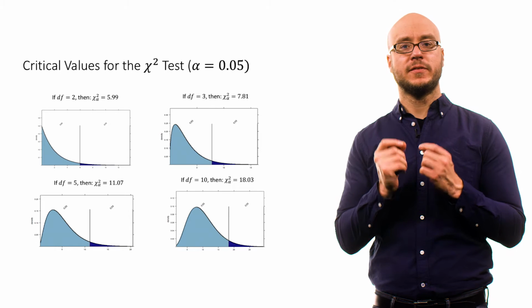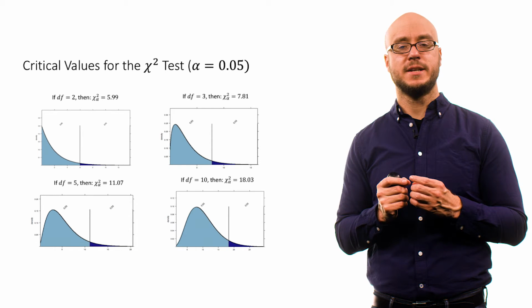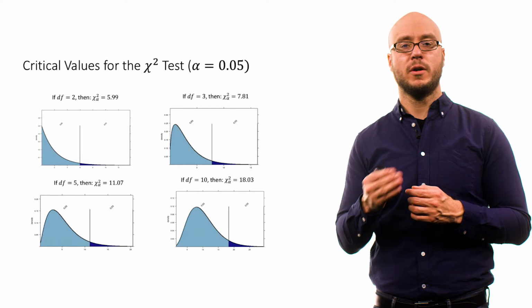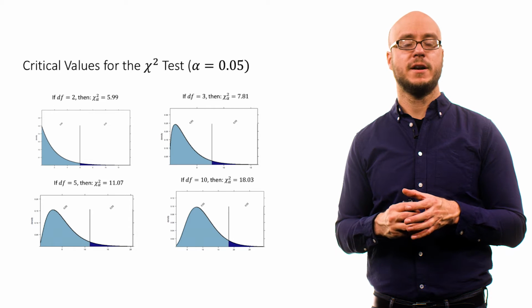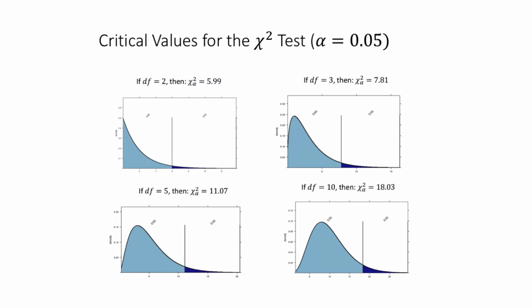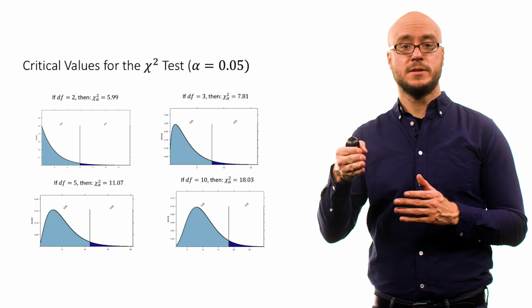Let's look at different critical values for the chi-squared test. If we have alpha of 0.05, which is the standard level in the social sciences, you can see that the actual critical value, chi-squared subscript alpha, changes. This is the benchmark by which we evaluate our chi-squared test statistic.